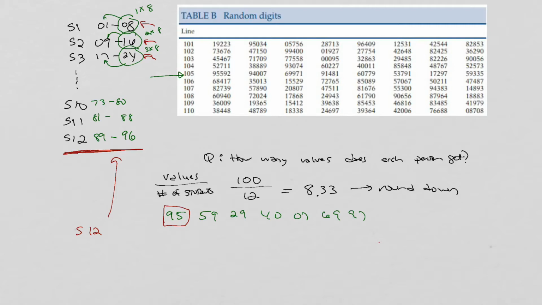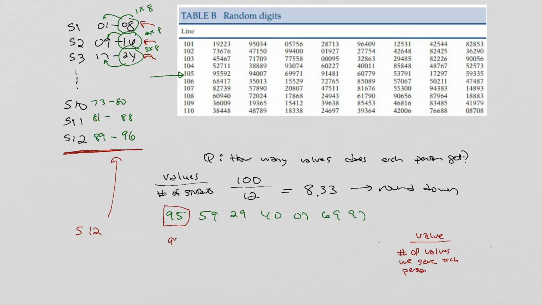So here's how we found out who to pick. We took the number that we had, and we divided that number by the number of values we gave each person.